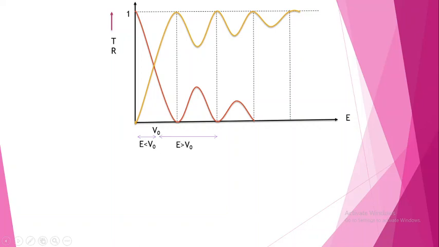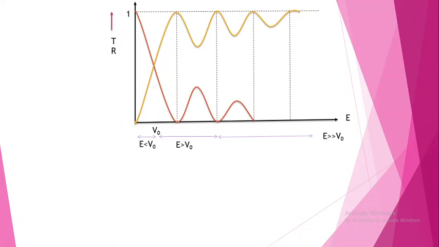And later for energy greater than V naught, both reflection as well as transmission can take place. But when energy is very much greater than the potential barrier, only transmission will take place, because the particles can easily pass through the barrier because of their higher energy. So there won't be any reflection observed in this graph. So this is how we interpret the transmission and reflection coefficients.